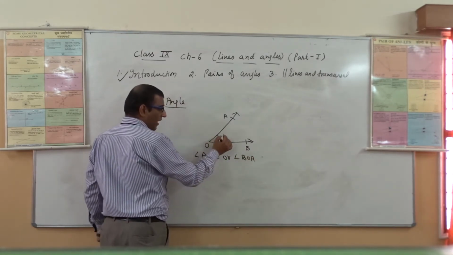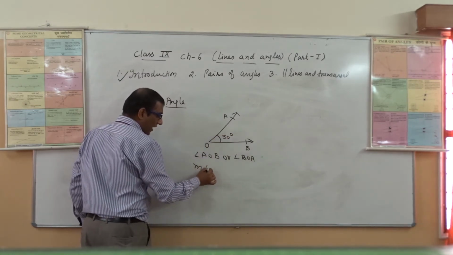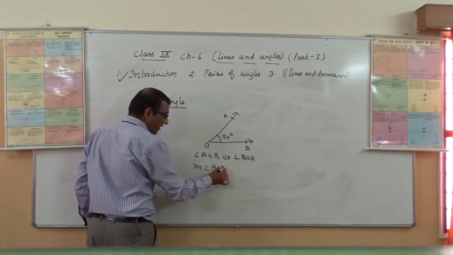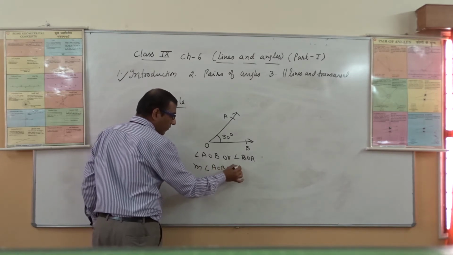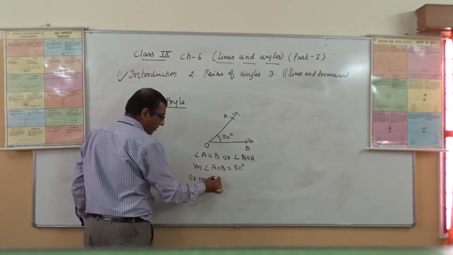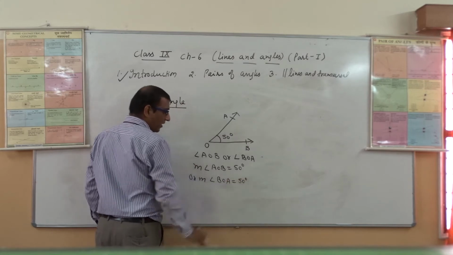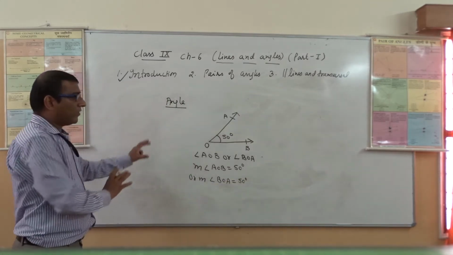For example, if this angle is 50 degrees, then the measure of angle AOB is equal to 50 degrees, or the measure of angle BOA is equal to 50 degrees. So this is the concept of angle.